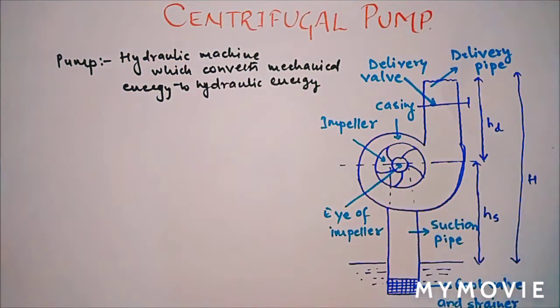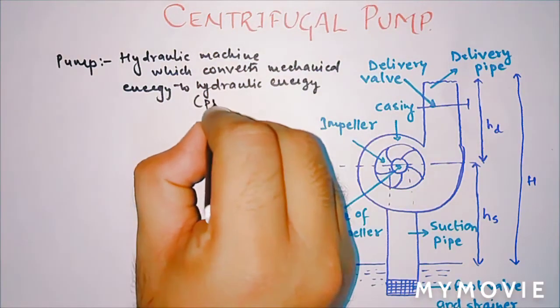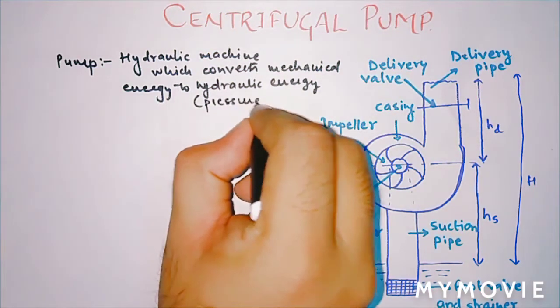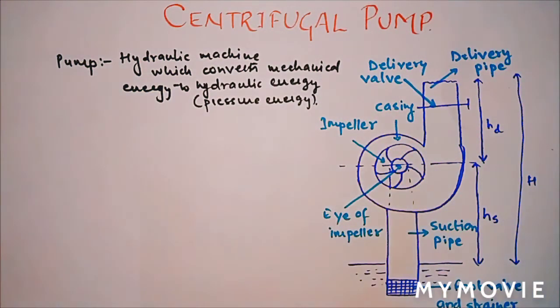So simple, what is pump? Pump is a hydraulic machine which converts mechanical energy to hydraulic energy. And this hydraulic energy is in the form of pressure energy. This is basically a pump, okay?